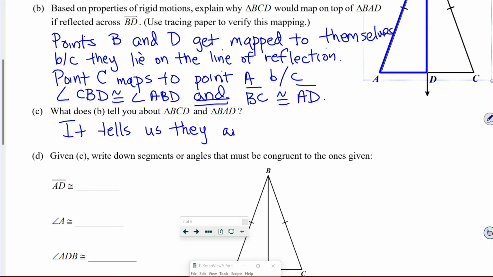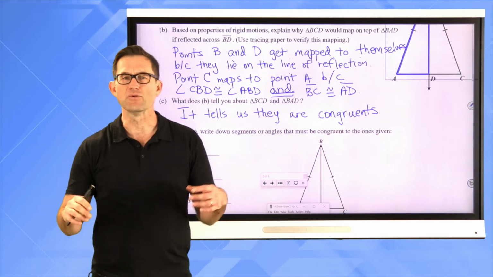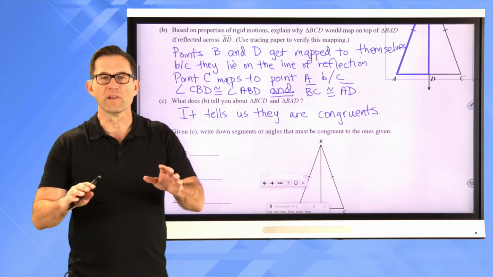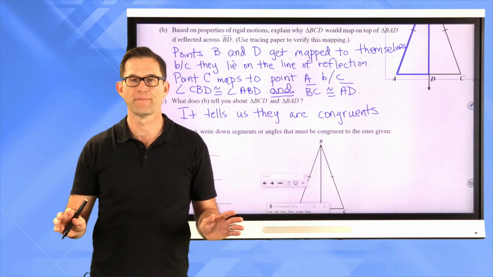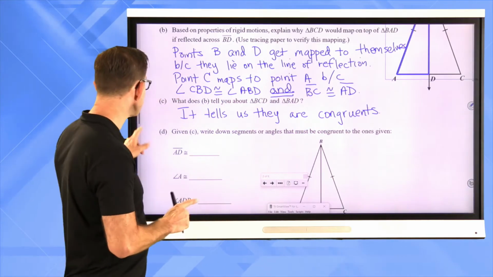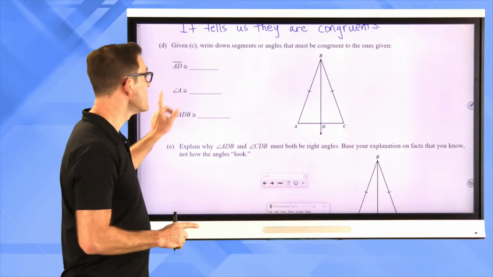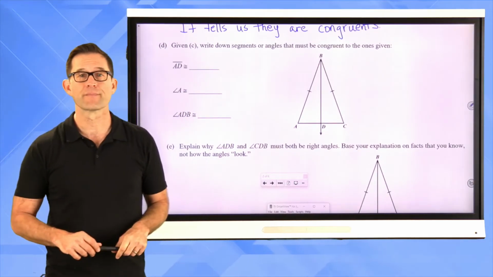They're identical triangles. They have the same size, the same shape, the same length of sides, the same angle measurements, all of that. And that's absolutely critical because then we can do problem D.